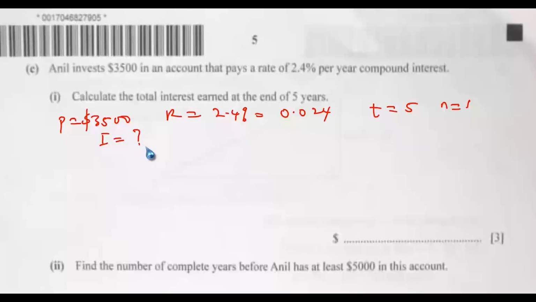To do this, we need to firstly calculate the amount, because there is a relationship between amount and the interest. We know that amount is equal to principal plus the interest. So we need to calculate the amount.